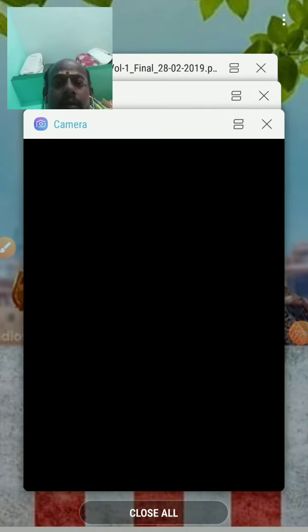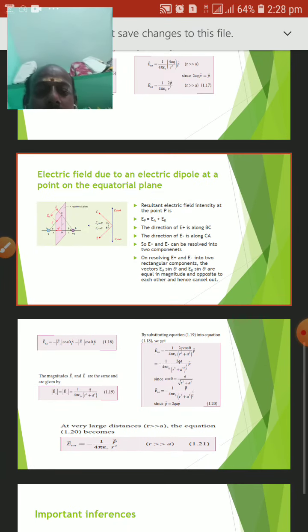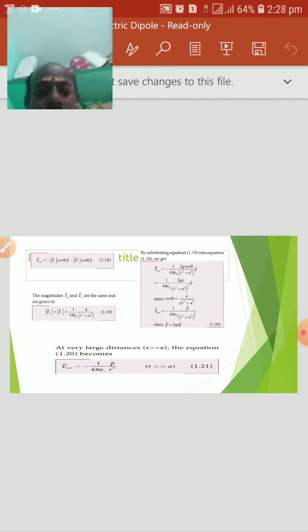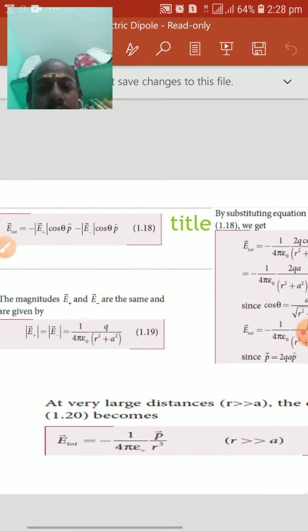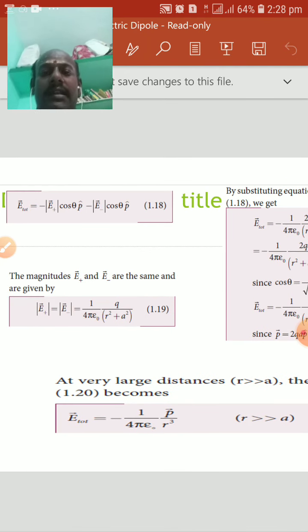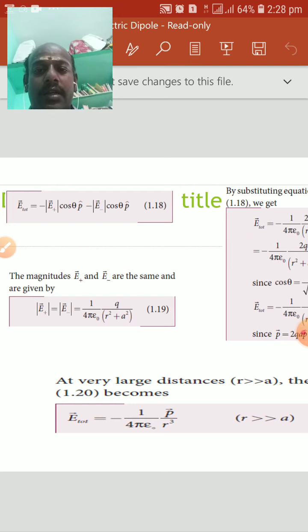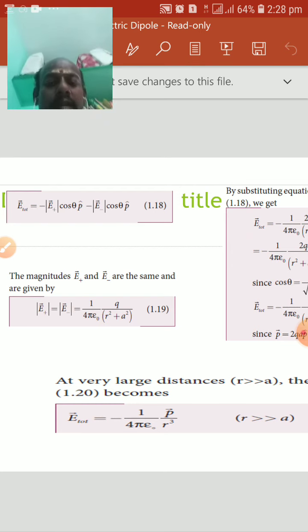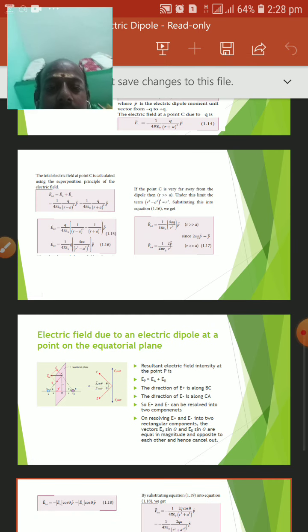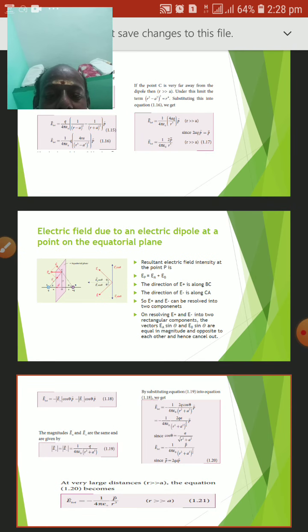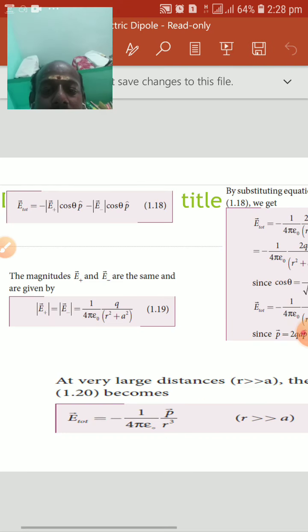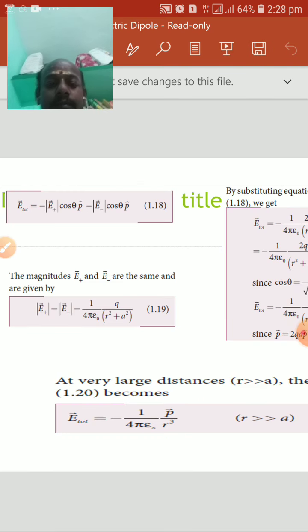Now look at this one. The sin theta will get cancelled, the cos theta component will contribute, and there are two cos theta terms, and moreover both represent the same value, that is E plus and E minus have the same value, that is q by 4 pi epsilon naught times (R square plus A square).